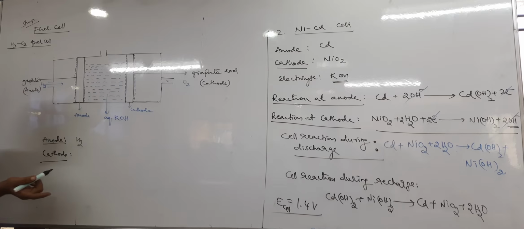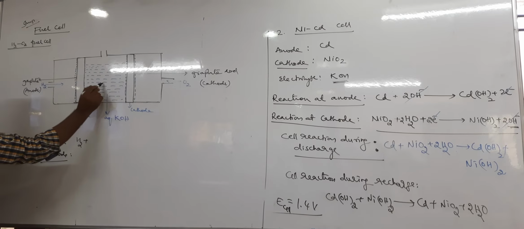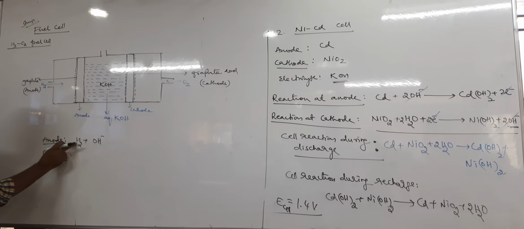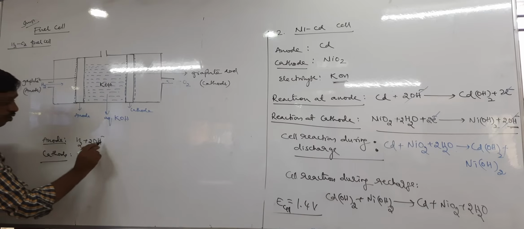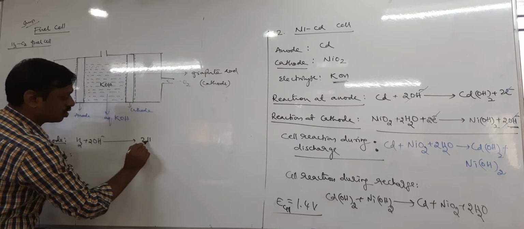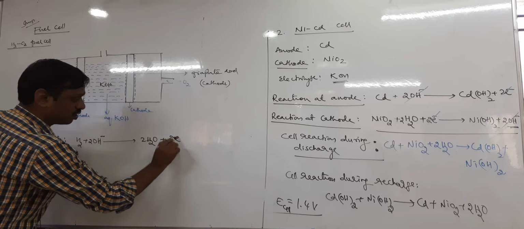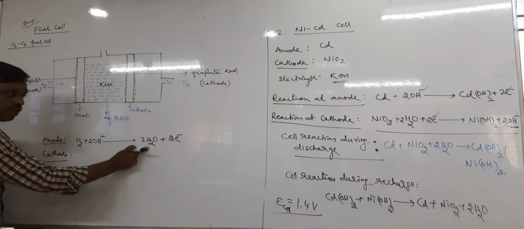Oxidation is loss of electrons, and in KOH solution there are OH minus ions. So H2 plus OH minus gives water: 2 H2 plus 4 OH minus gives 4 H2O plus 4 electrons. At the anode, hydrogen combines with OH minus to form water, and electrons are liberated.